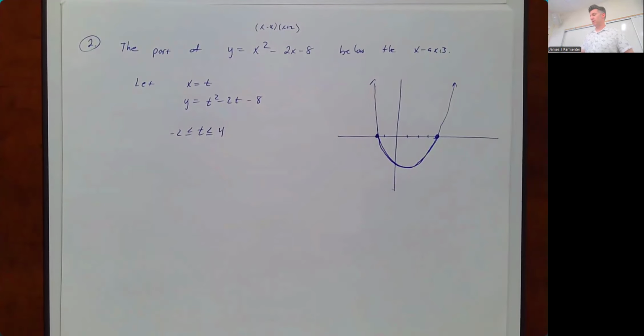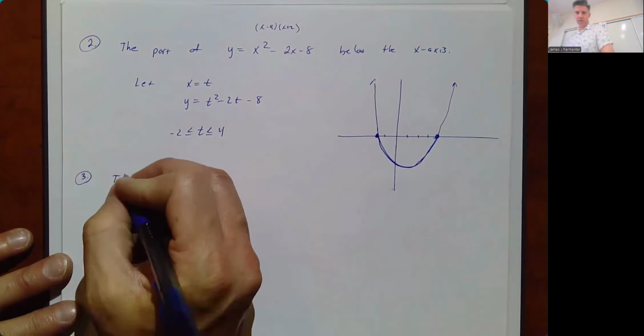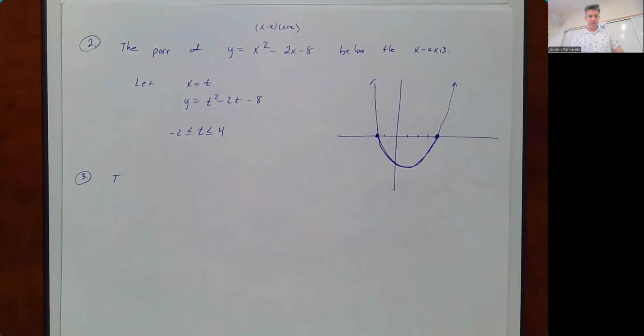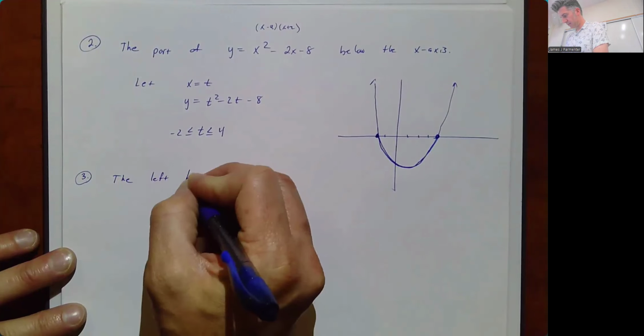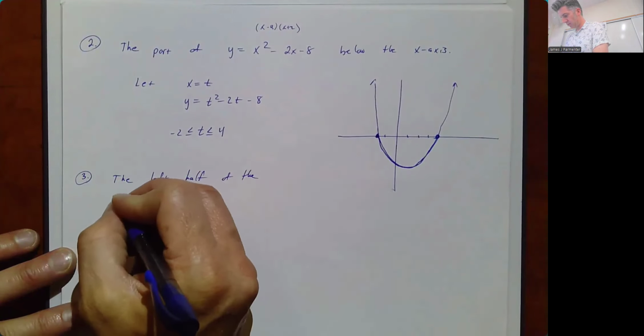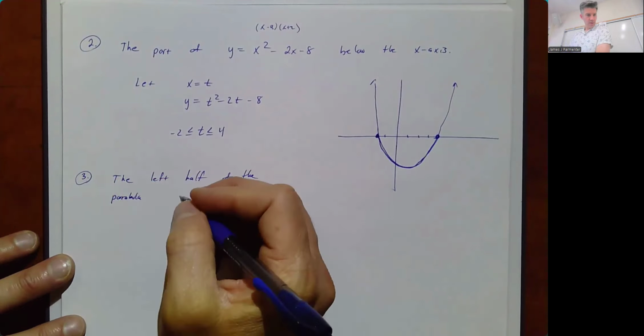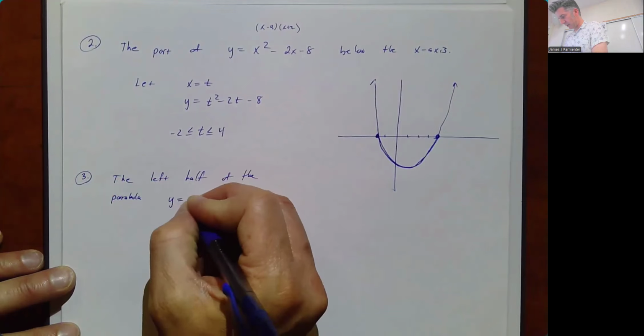Let's look at an example that's maybe a little bit harder. Let's parameterize the, which side do I want here? That'll be interesting. Let's do the left half of the parabola y equals x squared plus 6x.